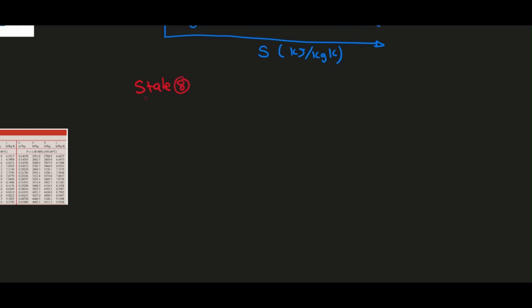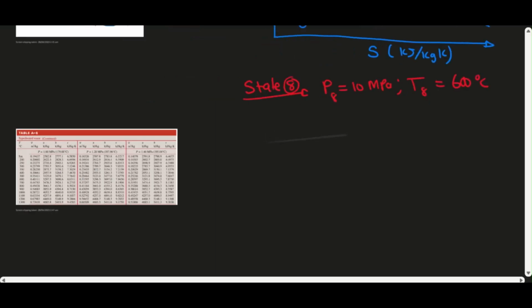State 8. What do I know? 10 megapascal is my pressure, and I also know that my temperature at state 8 is 600 degrees Celsius. Alright, cool. So the first thing that I need to do is check my properties on my steam table.